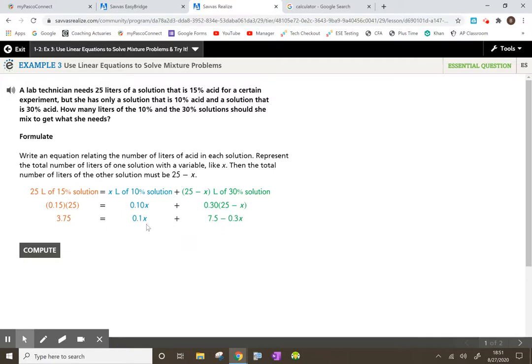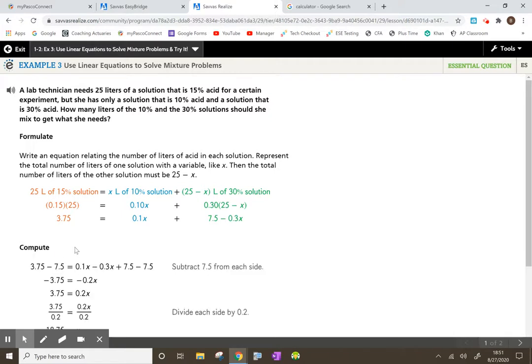From here, you just combine your like terms and solve the problem. Here you would combine the x terms. The 0.1x minus the 0.3x will become negative 0.2x. Let me see if it'll show up.